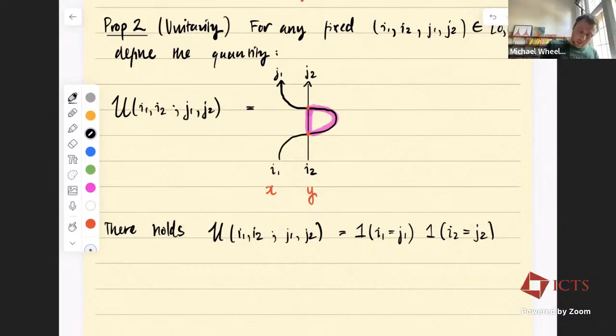In terms of pictures, you might think of this as the freedom to take these 2 lines that cross each other, take this kind of loop and drag it across like this, so that the lines no longer intersect. So I can just represent it as 2 lines that never see each other.